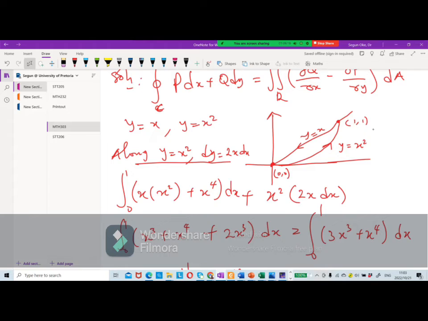Look at the way the arrow is moving here. It's coming from here to this place, and this one is moving up. That's why we can take 0 to 1. Are you getting the direction? Yes. That is, the curve is going from 0 to 1, while the straight line is going from 1 to 0. So please take note of that.